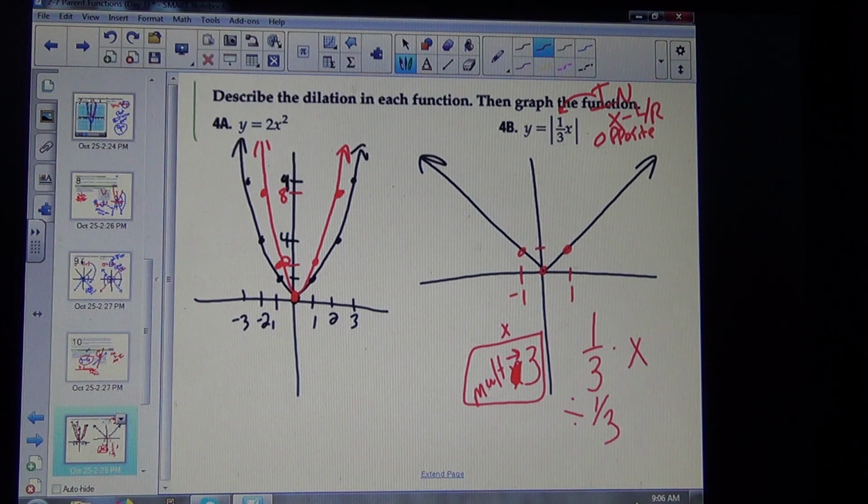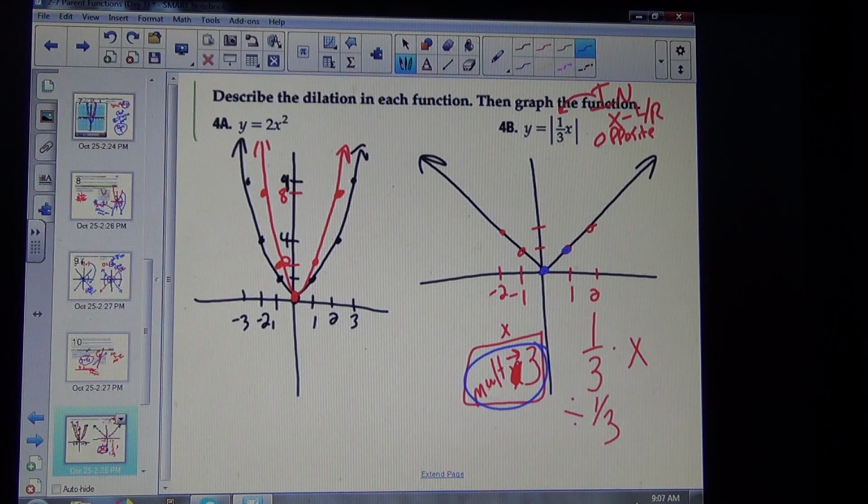Okay, so 1, -1, 2, -2. Okay, so what is the x value of that coordinate? The origin would be 0. 0 times 3 would still be 0.